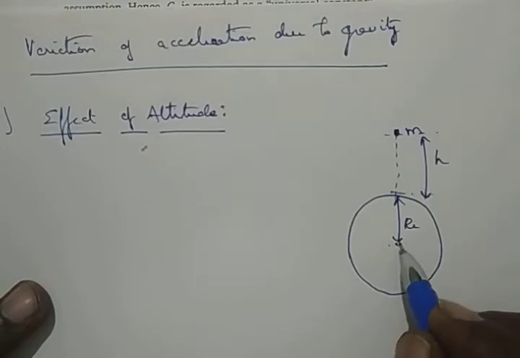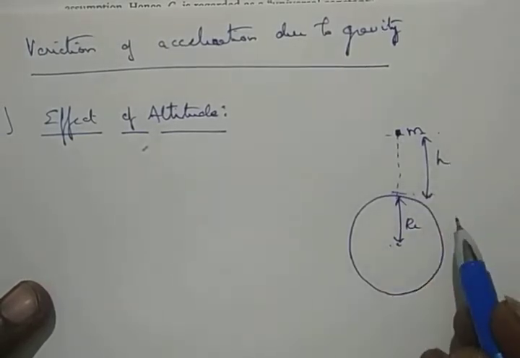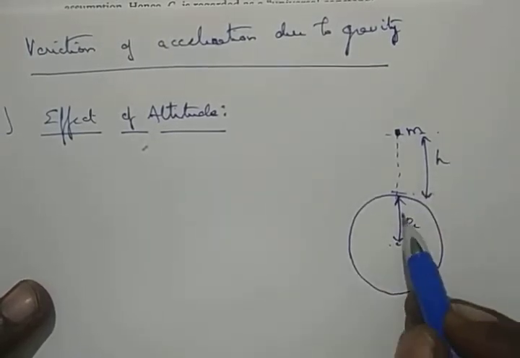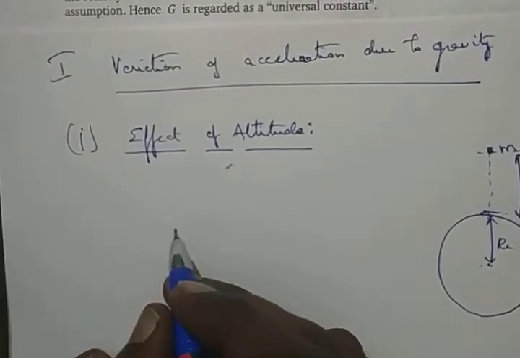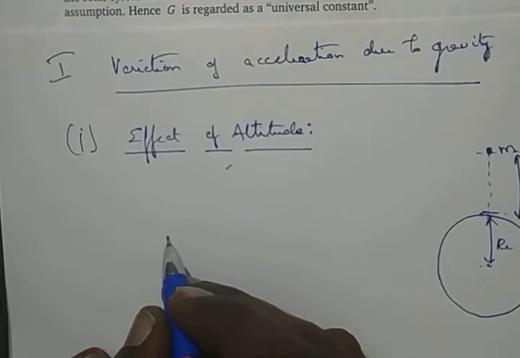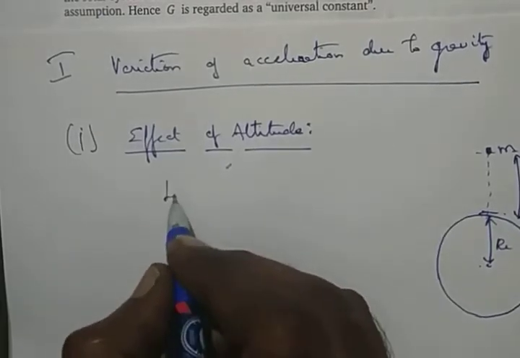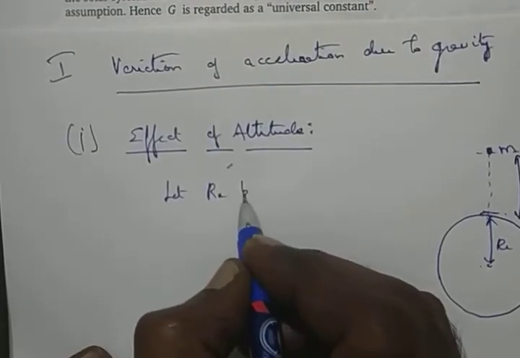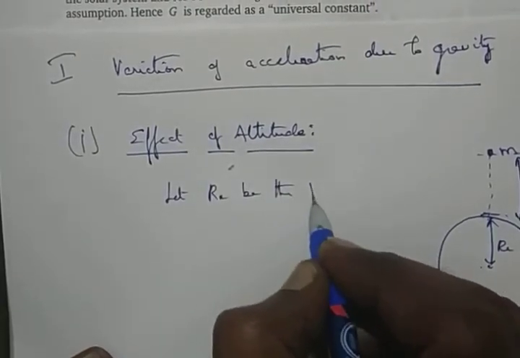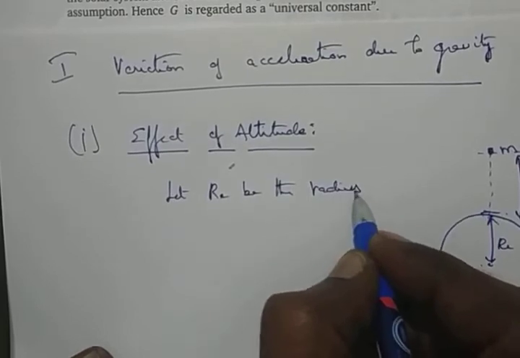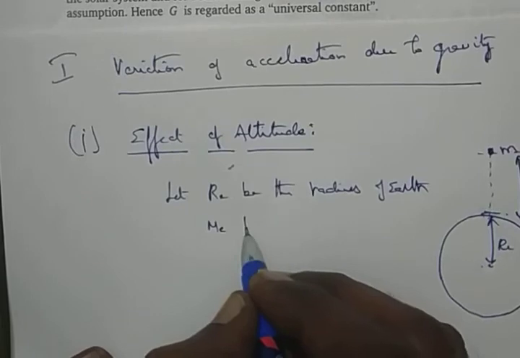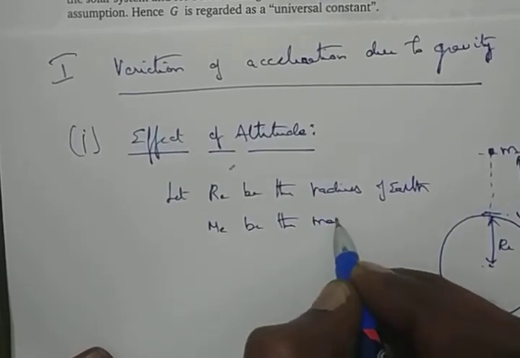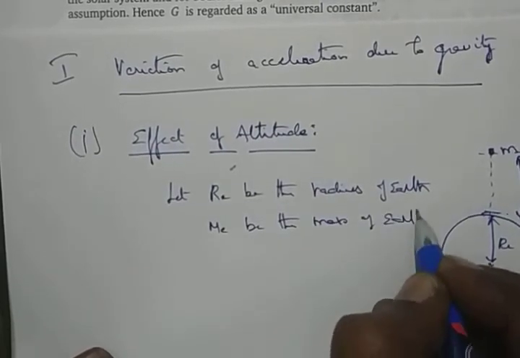Consider a mass m at a height h above the surface of Earth. Let R e be the radius of Earth and M e be the mass of Earth.